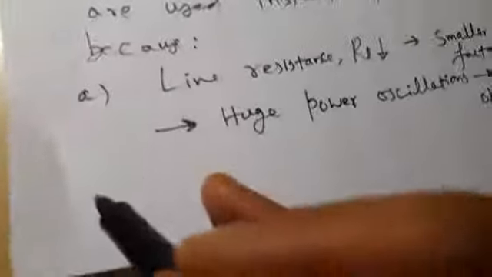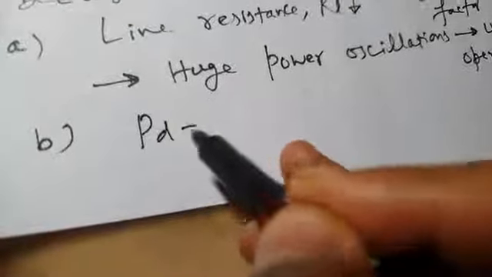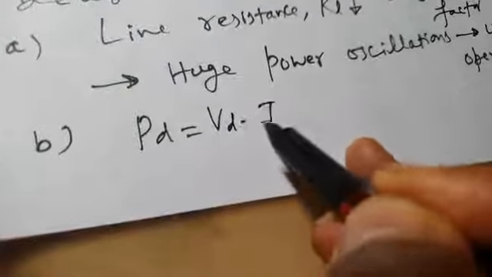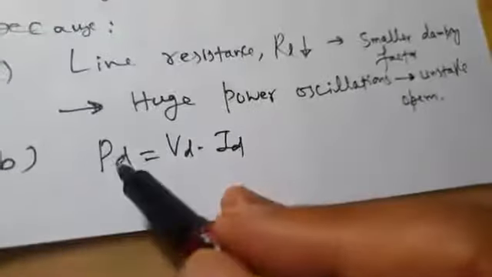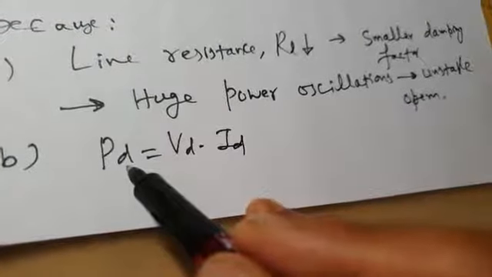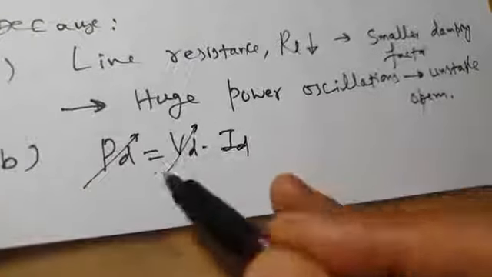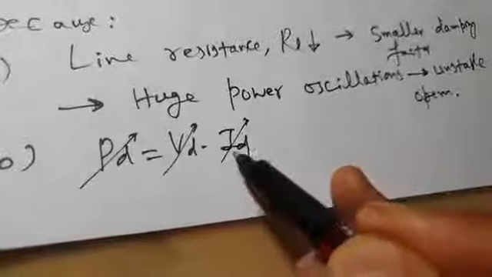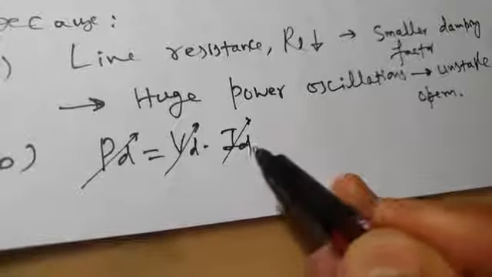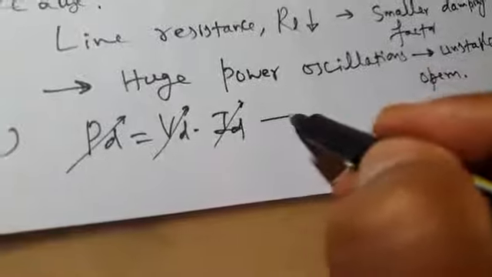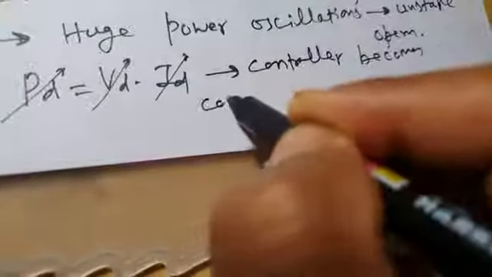This is one consideration. Another consideration is, we know that DC power is given by VD into ID, right? So you can control DC power if, instead of using voltage control or current control, you use power control. This power can be controlled independently by controlling either voltage or current, or by simultaneously controlling voltage and current. And therefore, this will make your controller very complex. The controller becomes complex and loses flexibility.